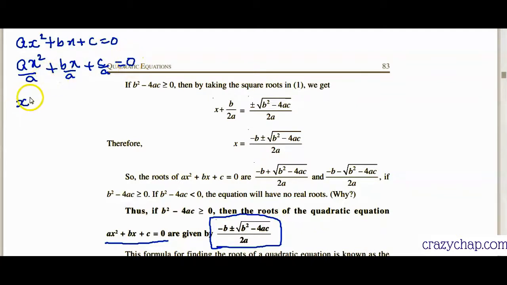So we get x square plus b over a times x plus c over a equal to 0, right? And you remember what we used to do? This x coefficient we used to divide by 2, right? So I am dividing b over a by 2. So what do we get? We get b over 2a.